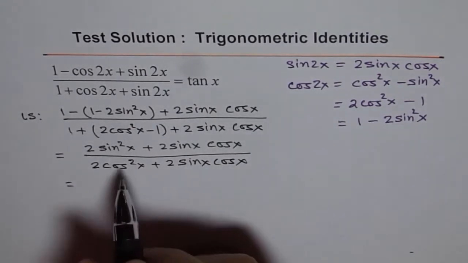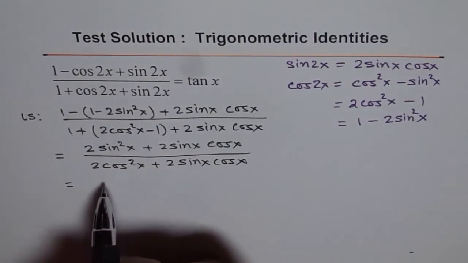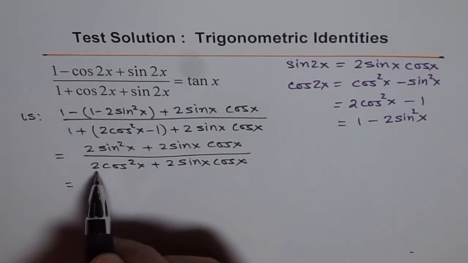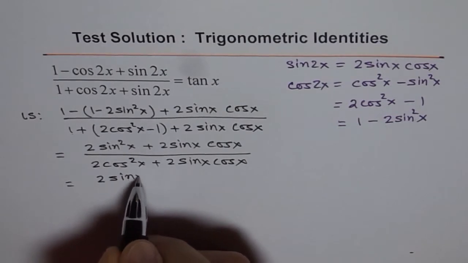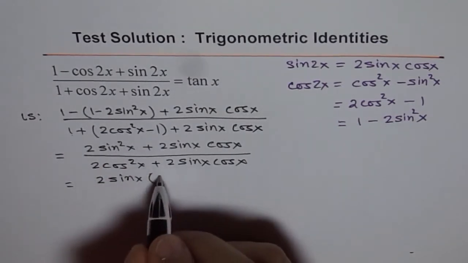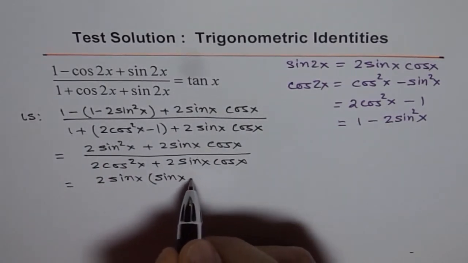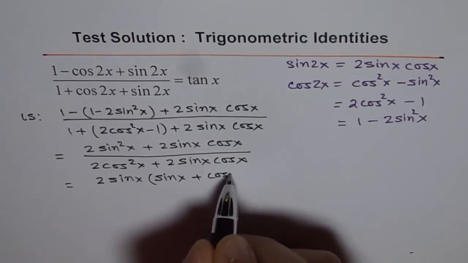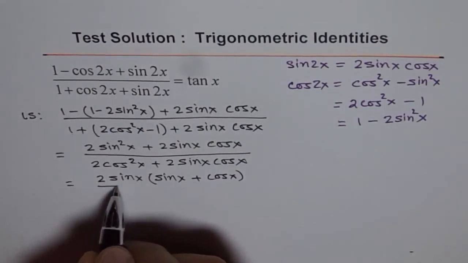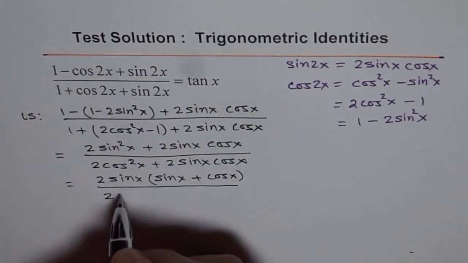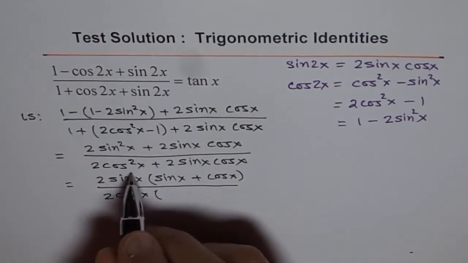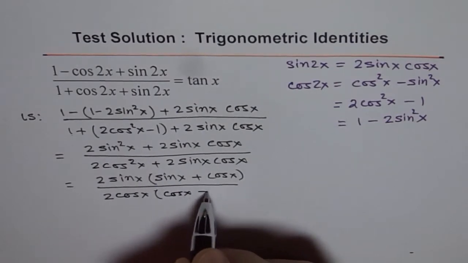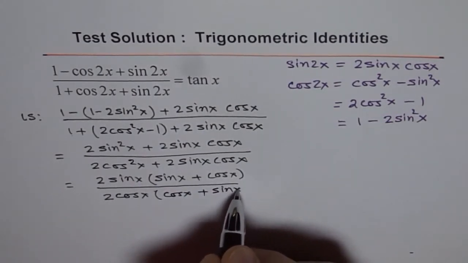Now in the numerator we can take 2 sine x common, and in the denominator we can take 2 cos x common. So we have 2 sine x, we are left with sine x plus cos x, divided by 2 cos x, and we are left with cos x plus sine x.